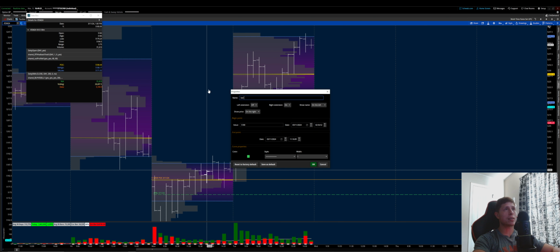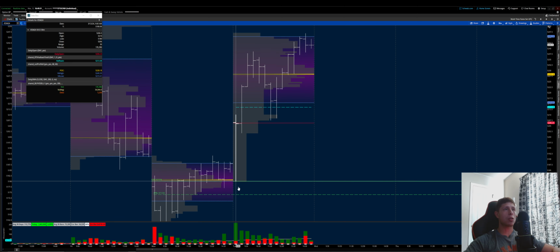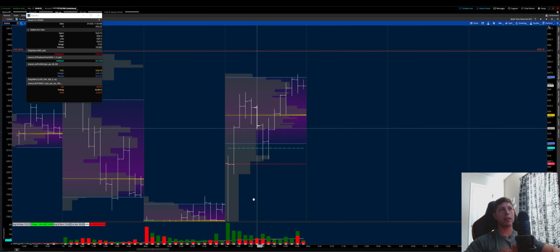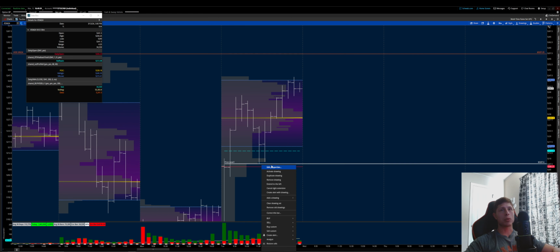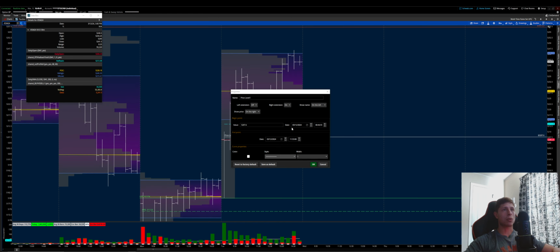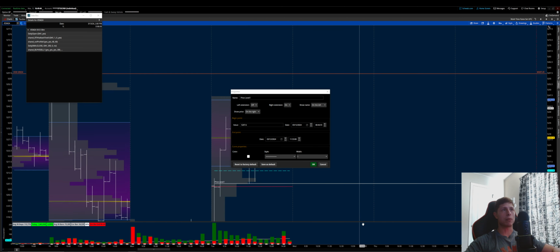So let's go ahead and mark our destinations here. And I know that's probably all over the place, but that's just how my brain works. Welcome to ADHD. There's our low of day right here at 51.80. We do have an afternoon pullback low. It's technically not textbook, but it is an afternoon pullback low. So we will use that as a reference, like we did down here with this afternoon pullback low at 51.74.